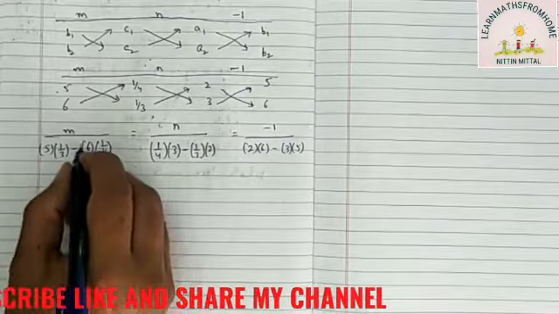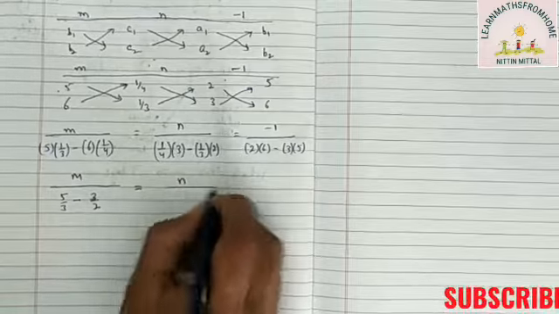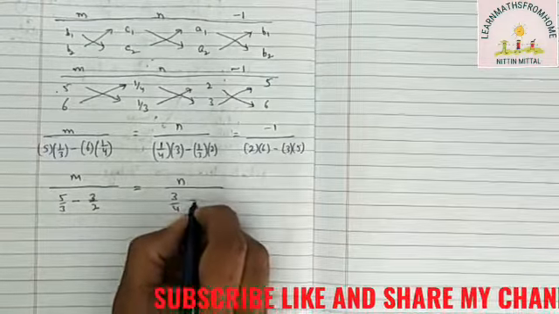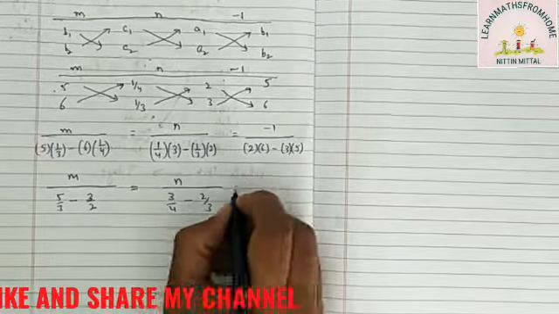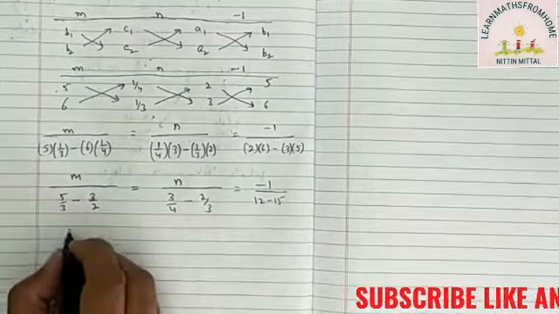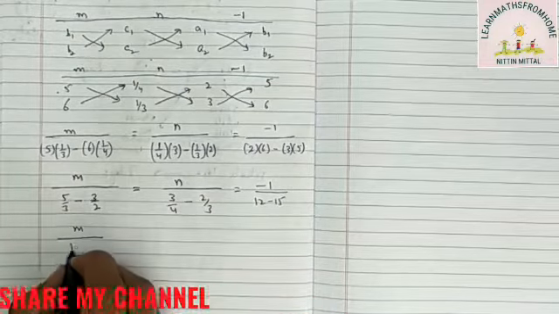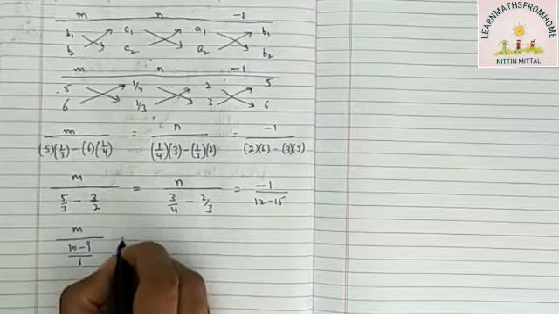So m over 5 by 3 minus 6 by 4, which means 3 by 2. You can simplify here: 3 by 4 minus 2 by 3, and 12 minus 15. So m over, we will take the LCM here, 6: 10 minus 9.